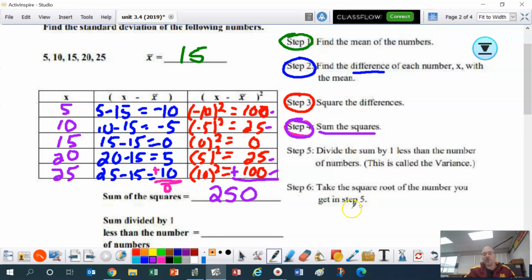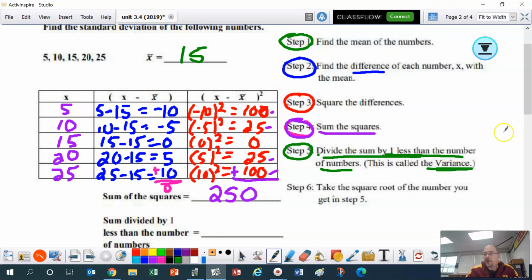But now, this is what is really different compared to what we've been doing in lesson 3.2. Step 5, let's read it very carefully and make sure you write it down accurately. We're going to divide the sum by one less than the number of numbers. This is technically called the variance.